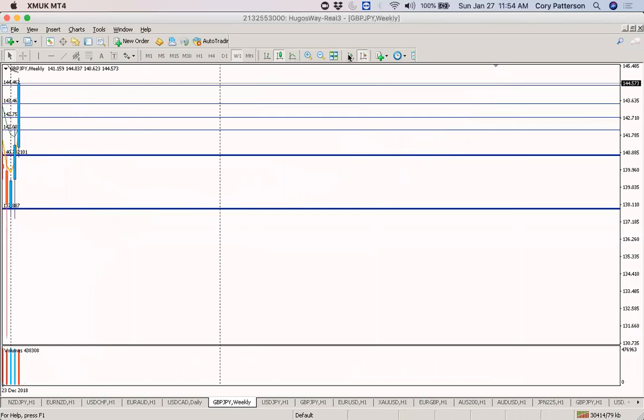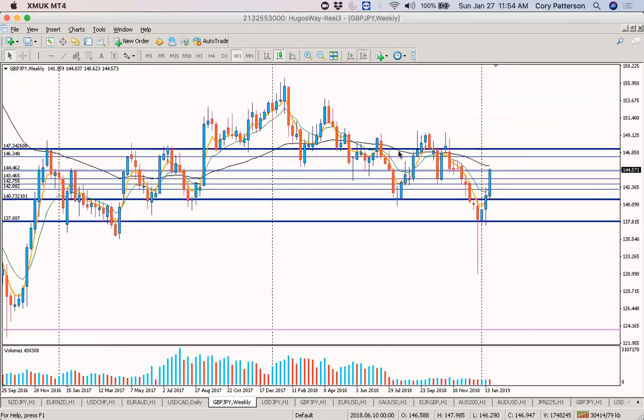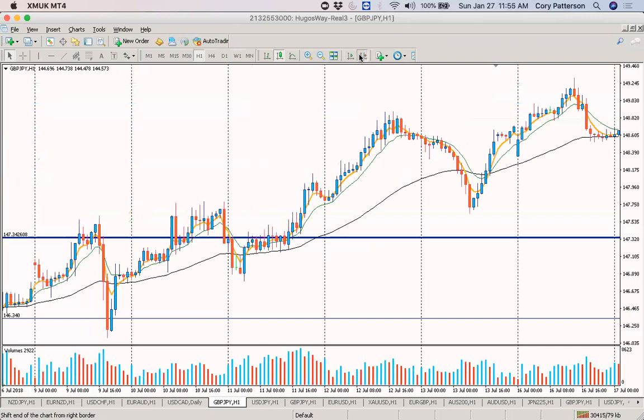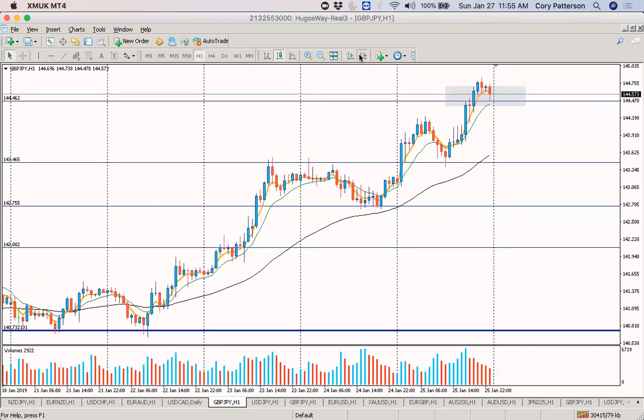On the weekly, we have the same view. We got a rejection level at this level on the weekly. So again, I'll be looking to take both of those to the downside and take a sell on this.